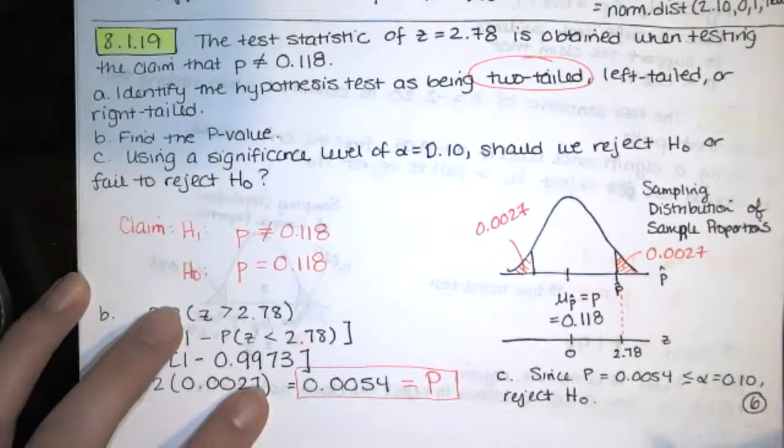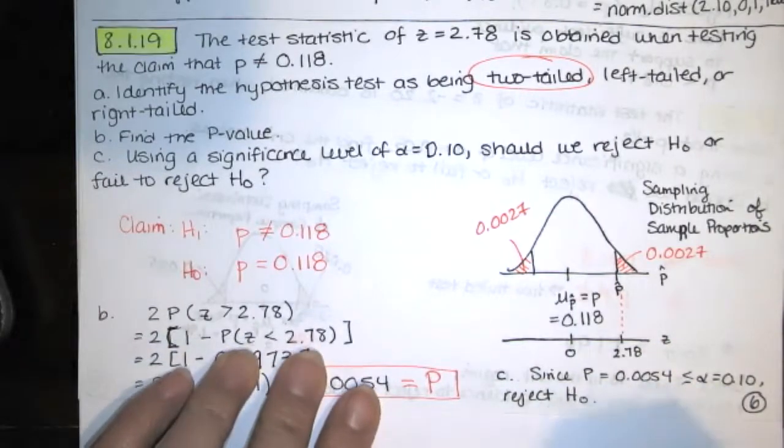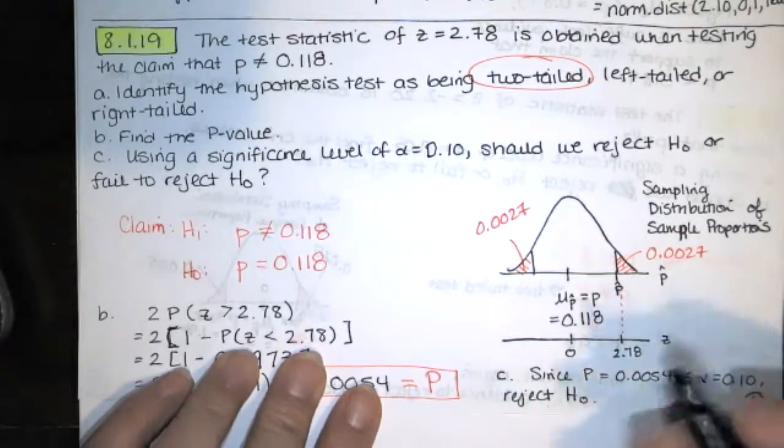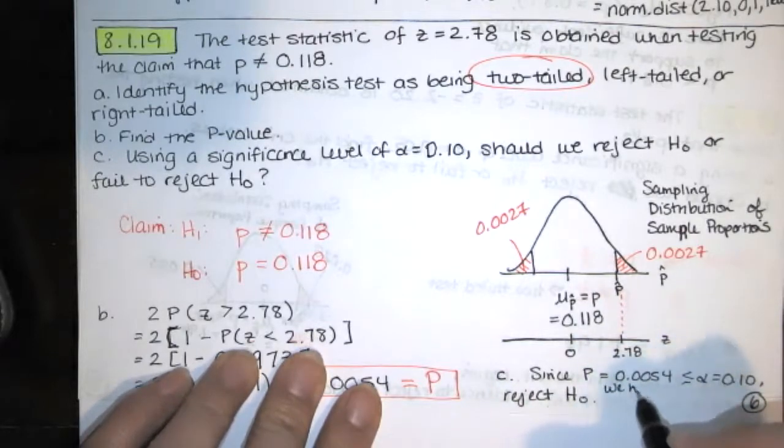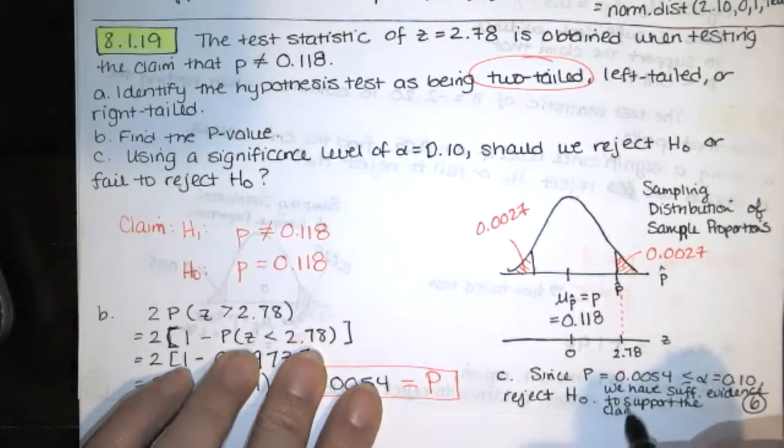So in our case, rejecting the null means that we have sufficient evidence to support the claim that the true population proportion is not equal to 0.118.